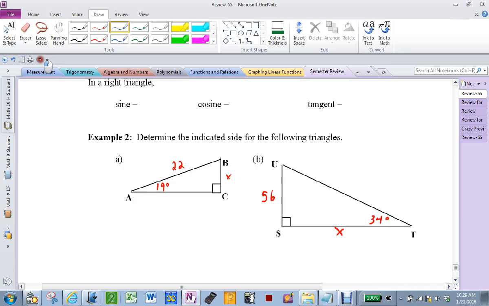Thankfully, I've been equipped with the finest in technology in order to teach you mathematics. Of course, you have sine 19 equals O over 22.